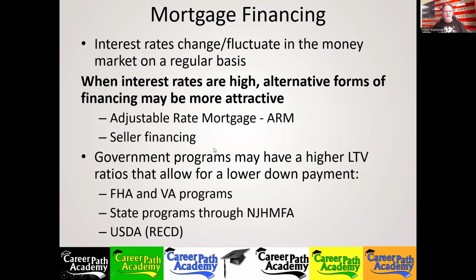Okay. Now, interest rates change, they fluctuate in the money market on a regular basis. When interest rates are high, people get adjustable rate mortgages. We have those government programs that allow for higher LTVs, like the FHA and the VA loans. But we also have state programs through the New Jersey Housing Mortgage and Finance Agency, or NJHMFA is the abbreviation.